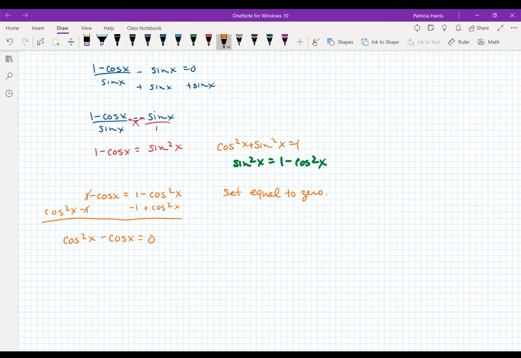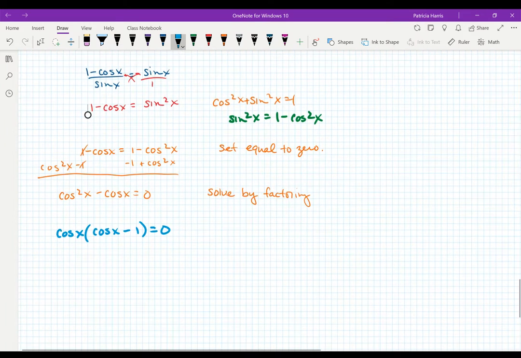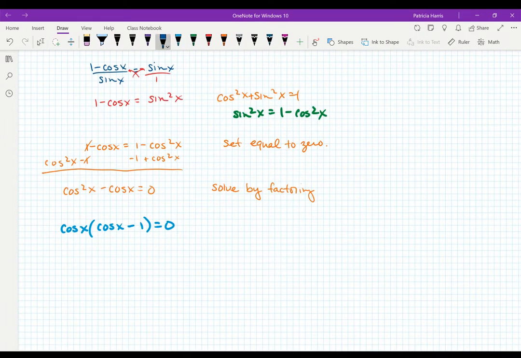Okay, I can solve this by factoring. So I can factor out a cosine, which seems like a really weird thing to do, but it's not. You're just dividing something out. Now set each of your factors equal to 0.